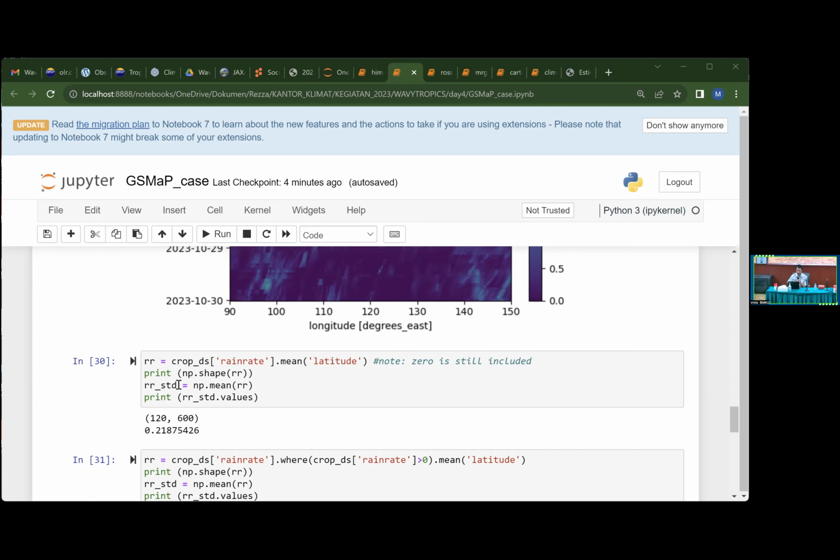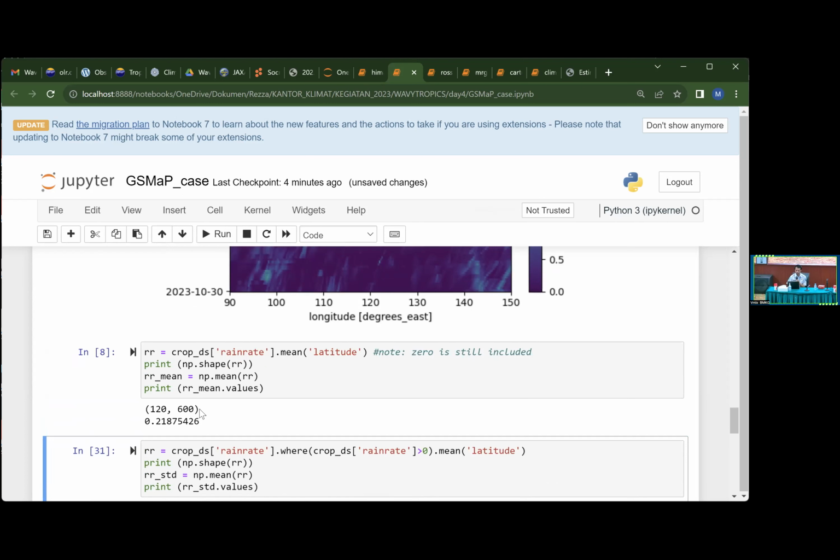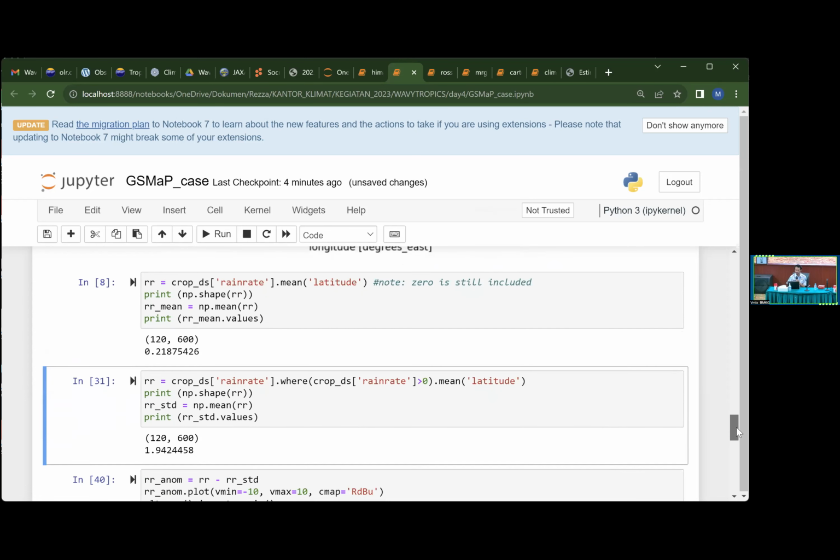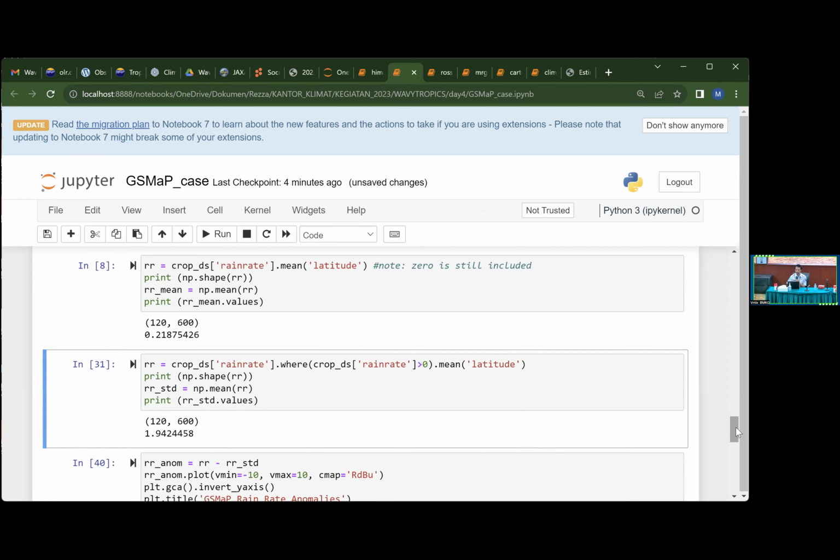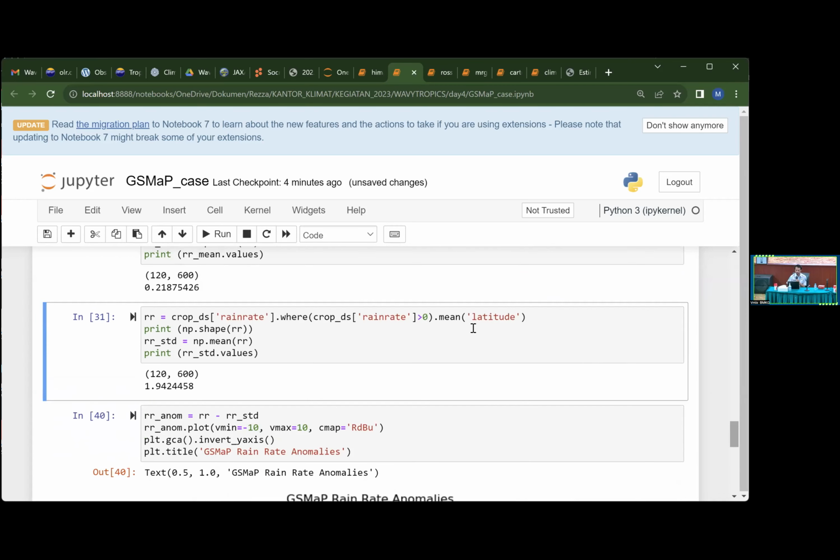I made a mistake, it should be mean, and this one also mean. So I calculate just the mean of the whole period and area in this figure. Just run this, and we can see the mean is 0.2 millimeter per hour, because the data is hourly data.